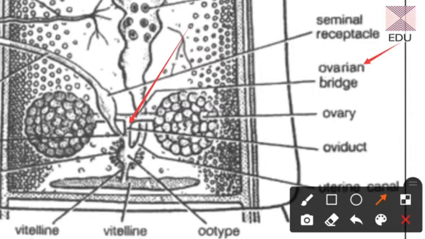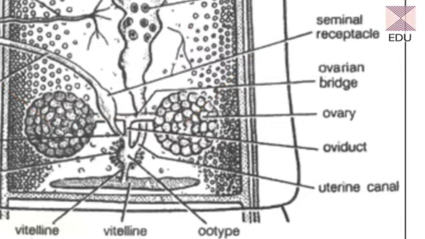That means we have only one ovary and it is bilobed, with a left lobe and a right lobe joined by the ovarian isthmus.